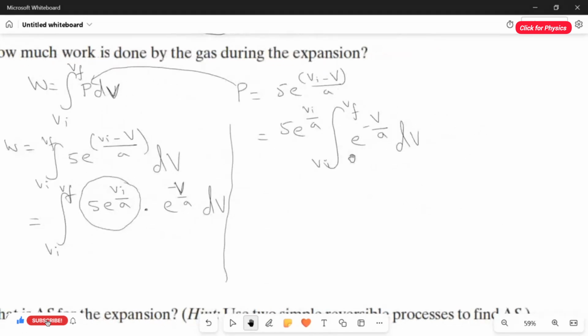Now to simplify this part, we have to use the rule which we already studied from the calculus, integration of e power mx dx, which is equal to e power mx over m. So this rule I am going to apply for this part.